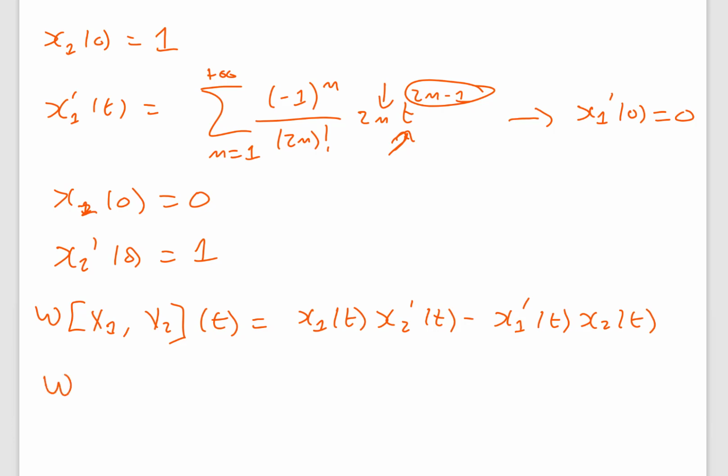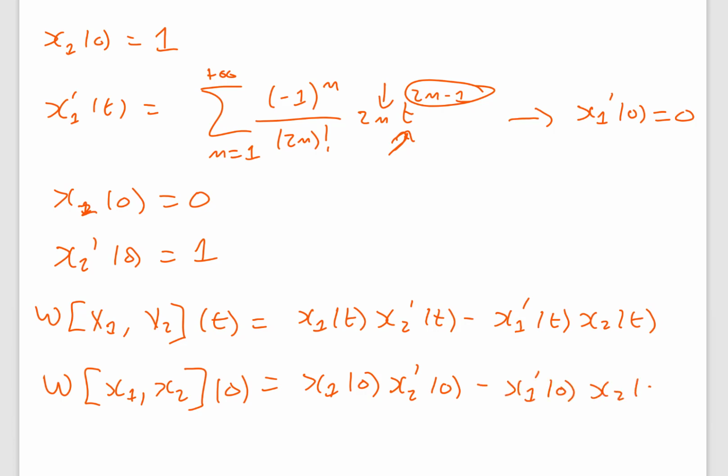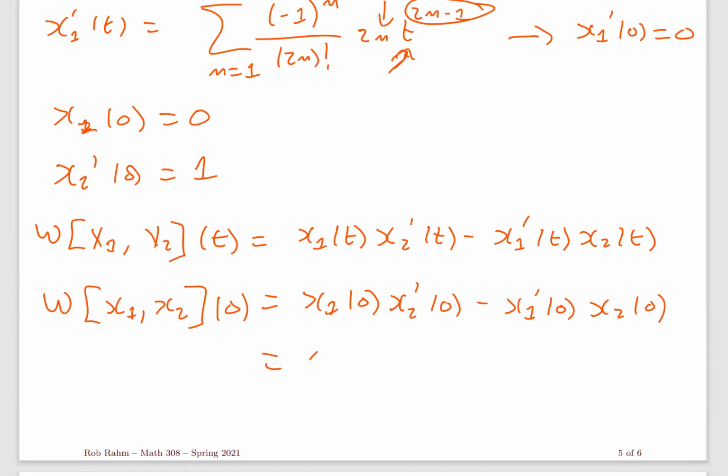And so for our functions, if we evaluate this Wronskian at 0, we get x1 of 0 times x2 prime of 0 minus x1 prime of 0 times x2 of 0, and this is 1 times 1 minus 0 times 0, which is equal to 1, which is of course not equal to 0. So what this shows us is that x1 and x2 are linearly independent.